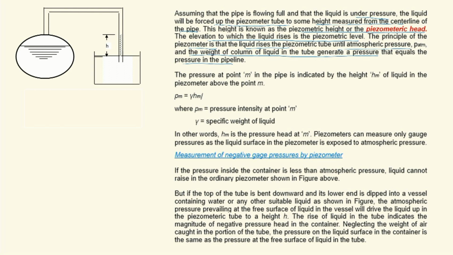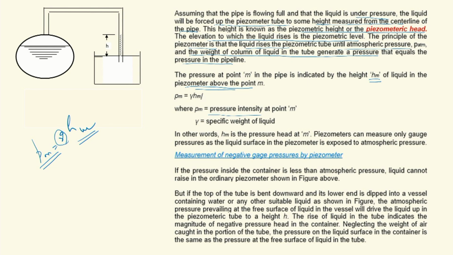So the pressure at the point M in the pipe is indicated by the height HM of liquid in the piezometer above the point M. That is PM is equal to gamma HM. So HM is the pressure head at point M, the center of pipeline. Gamma is the specific weight of fluid. PM is the pressure at the point M in excess of atmospheric pressure.